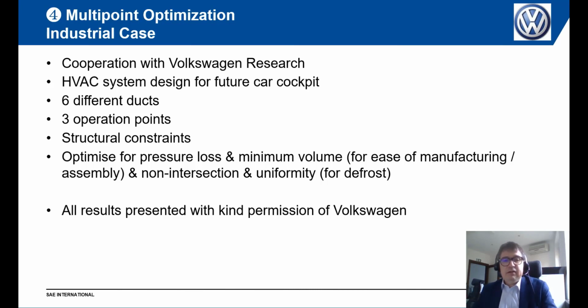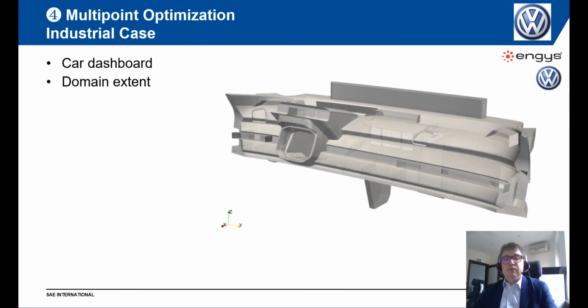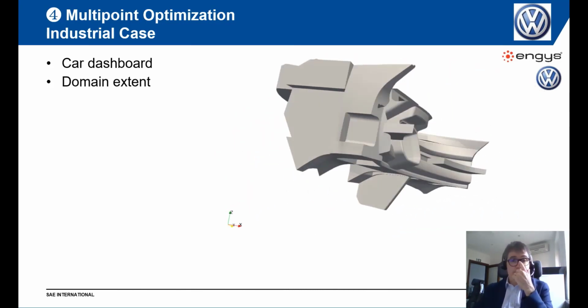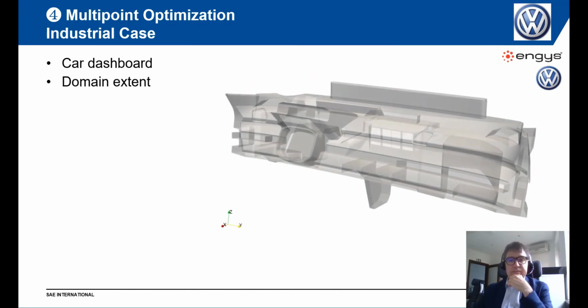Finally, we had non-intersection constraints and a uniformity objective for defrost. All the results shown here are shown with kind permission of VW. This is the car dashboard and the domain extent as it looks. This is the CAD.